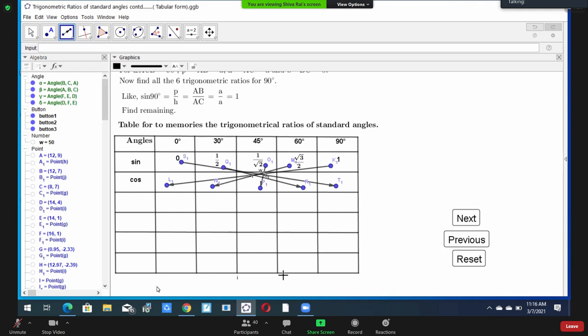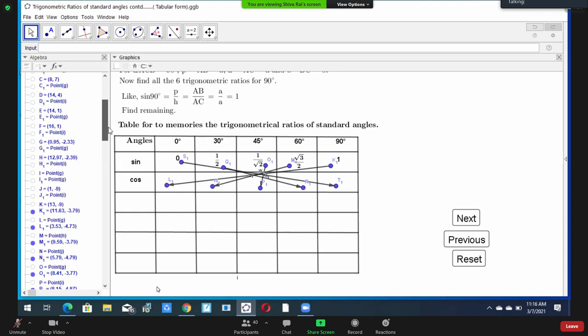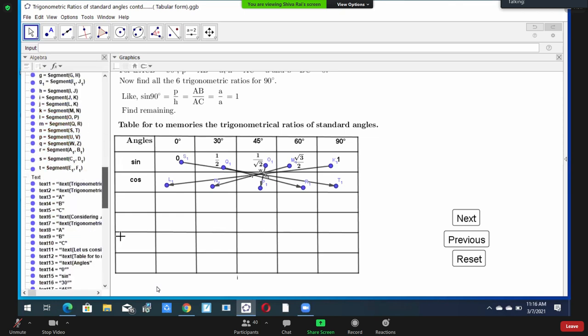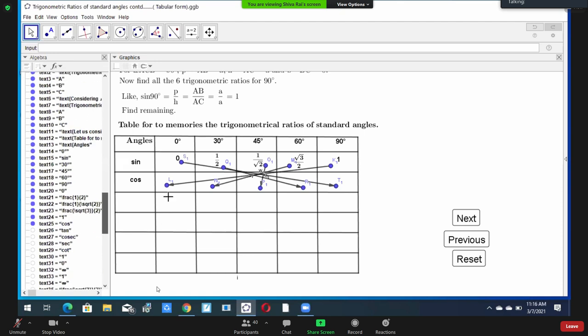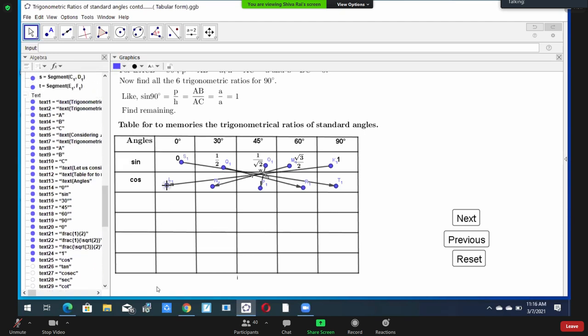But it looks zigzag. One second, I want to show you here.